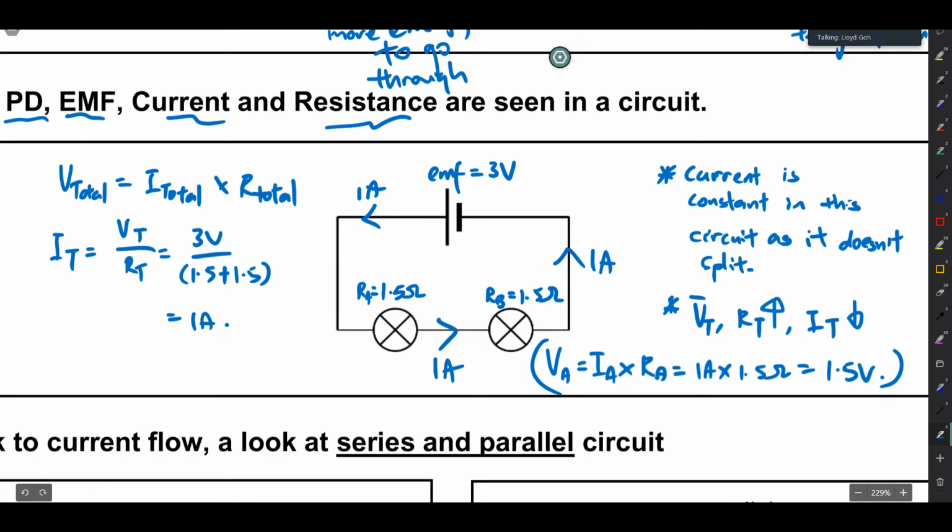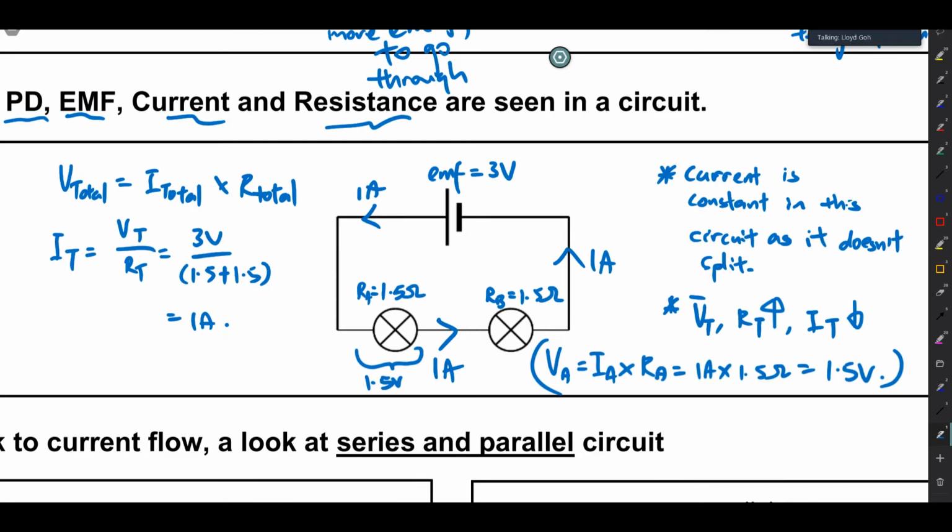So this takes up 1.5 volt. Obviously if this is 1.5 volt and the EMF is 3 volt, then V_B is also 1.5 volt. Simple. So this is how you can see the concept of resistance, potential difference, and current in one circuit.